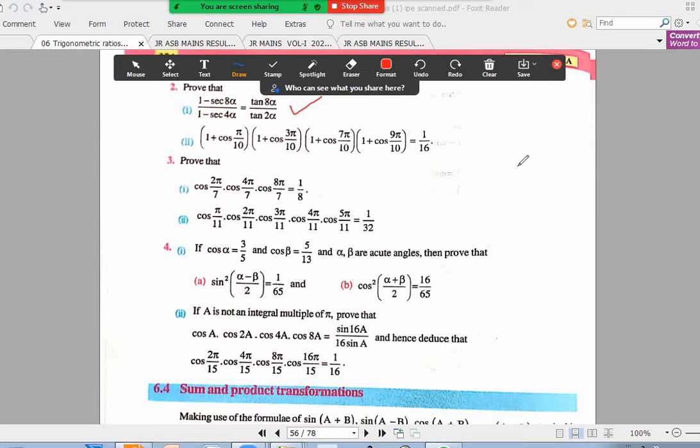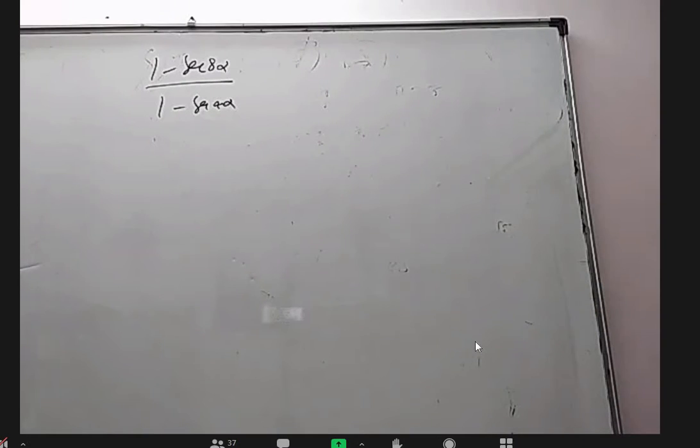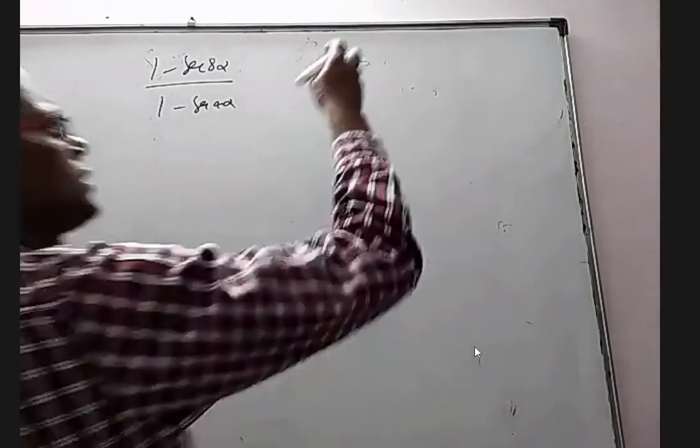One minus secant 8 alpha by 1 minus secant 4 alpha. Okay, I said these are the two formulas we are going to use repeatedly.